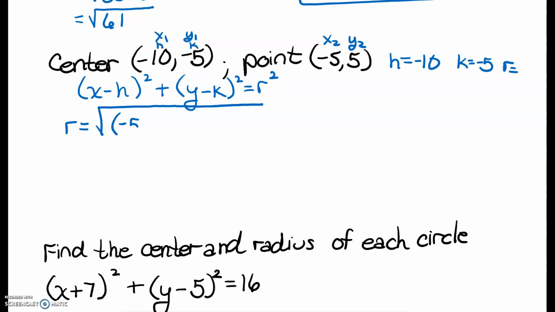So I get a negative 5 minus a negative 10 squared plus a 5 minus a negative 5 squared. Okay, so remember to put these in correctly. There's a lot of 5s in this number, both positive and negative. Make sure you have them in correctly.